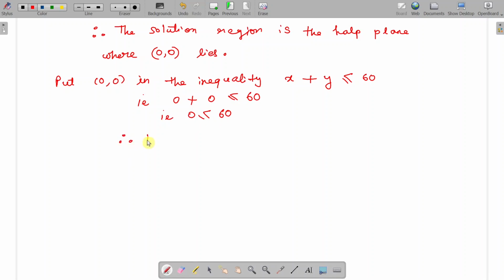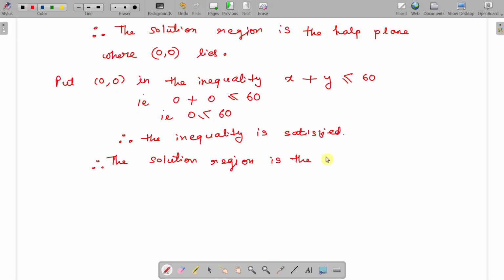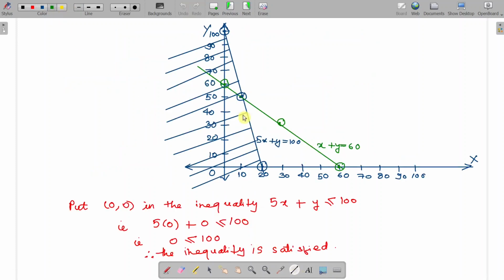So therefore the inequality is satisfied, and so therefore the solution region is the half plane where 0, 0 lies. Okay, so the solution region is on this side of the green line. Okay, so in this way.